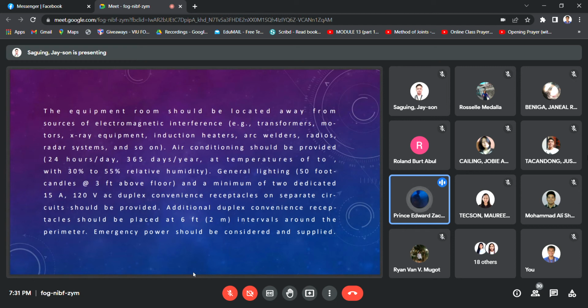General lighting of 50-foot candles at 3 feet above the floor and a minimum of 2 dedicated 15 ampere 120 volt AC duplex convenience receptacles on separate circuits should be provided. Additional duplex convenience receptacles should be placed at 6 feet or 2 meters intervals around the perimeter. Emergency power should also be considered and supplied. We must maintain the temperature of the equipment room because it might overheat and burn. So next.